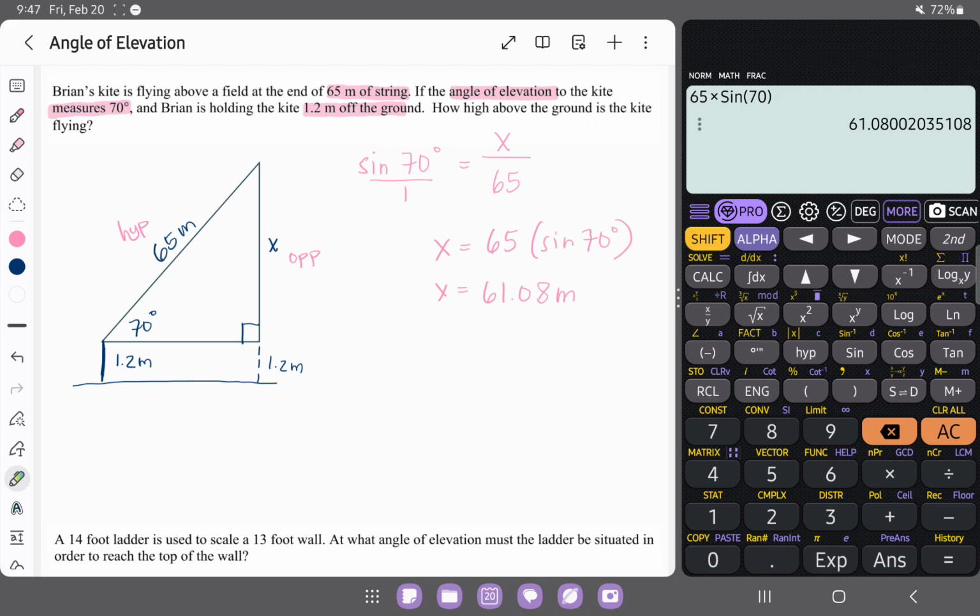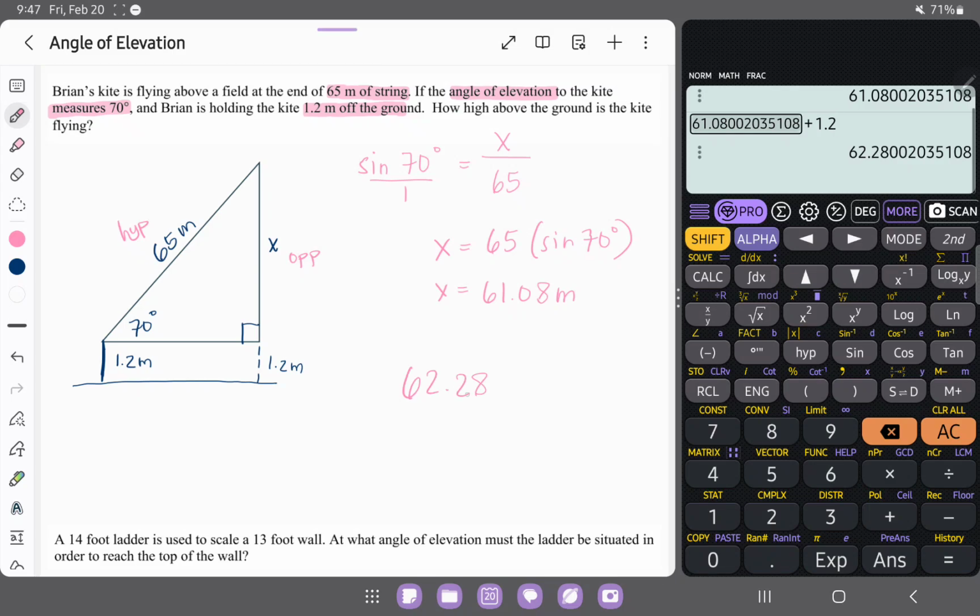So, in total, the total height of the kite, which is flying from the ground, would be 61.08 plus, so answer, which is 61.08, this is a non-terminating decimal, plus 1.2, and that is 62.28 meters. So the total height of the kite flying from the ground is 62.28 meters.